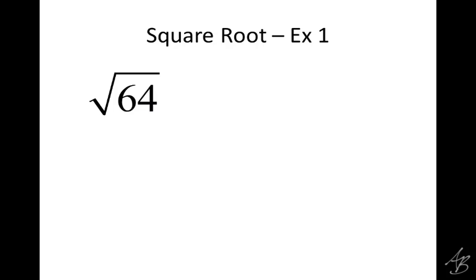So what we're going to do is rewrite the problem, and instead of 64 on the inside, we're going to put a square. What number do we square to get 64? 8. So instead of writing 64, we're going to write 8 squared. So we just rewrite the problem. It means the exact same thing, because 64 is the same thing as 8 squared.